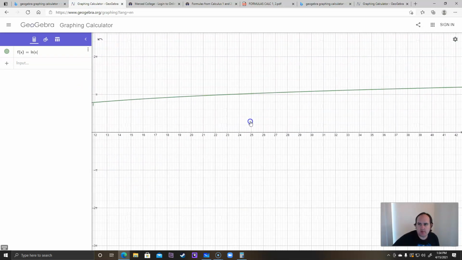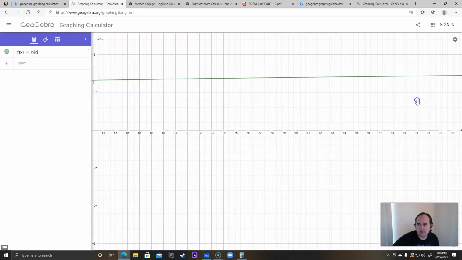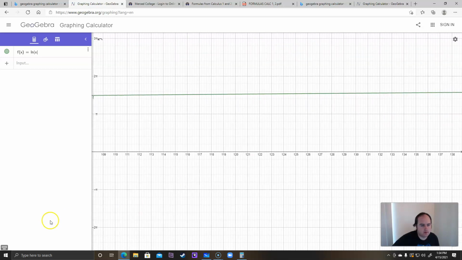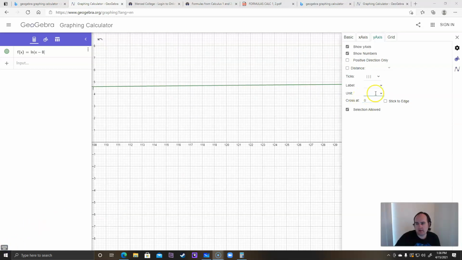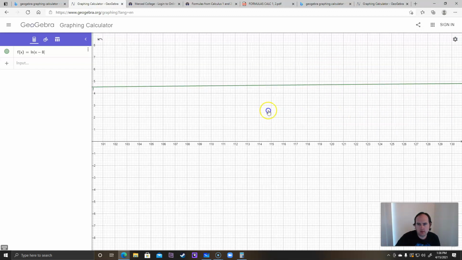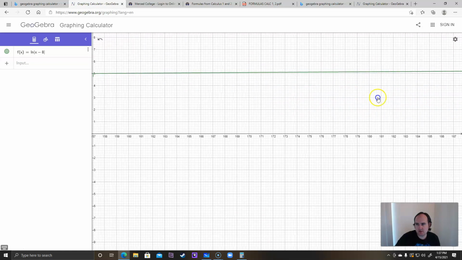So what does that one approach as we go to infinity? What is that one approaching? Well, even if we change our unit, I changed my unit from pi to just 1, we can see that this, as we go to positive infinity, the function just keeps increasing.